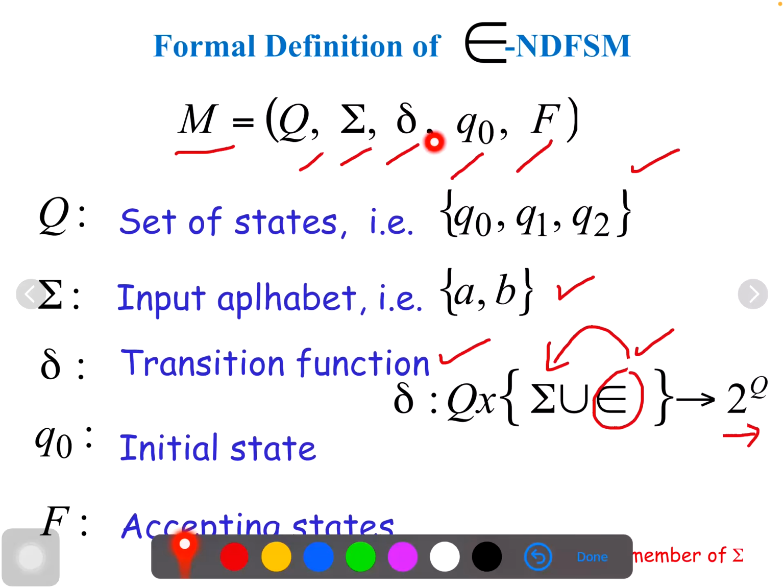In a DFA, delta is Q cross sigma to Q, whereas in an NFA it is Q cross sigma to 2 power Q, but in an epsilon NFA it is Q cross (sigma union epsilon) to 2 power Q, since epsilon is included in this function. That is the only difference.